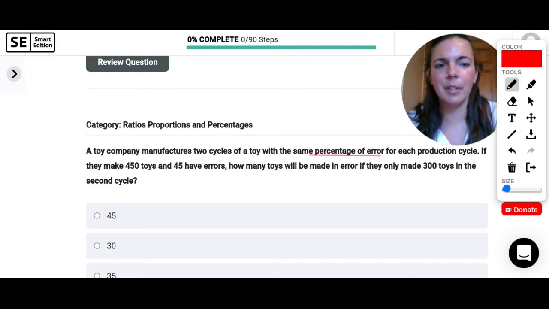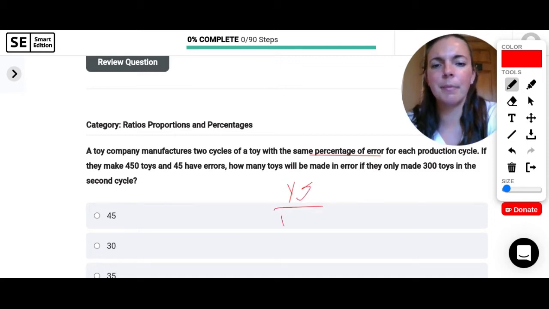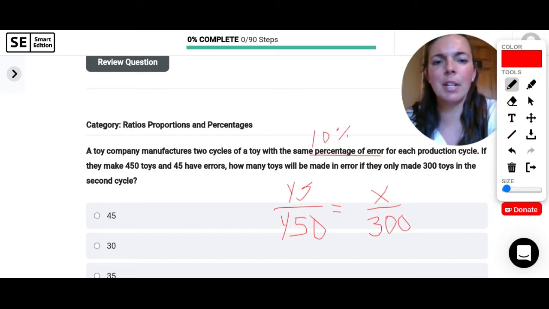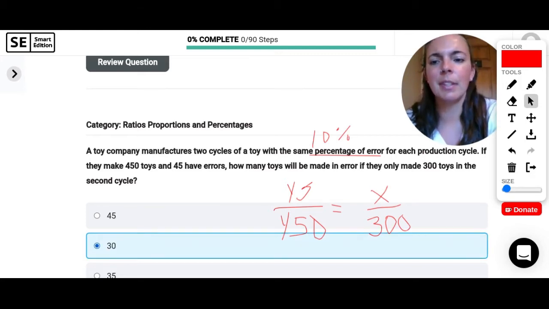So it said 45 out of the 450 toys, and that percentage is going to be the same as how many toys out of only 300. You may see pretty easily that 45 out of 450 is just 10%. So the same percentage error would be 10% of 300, which is just 30.